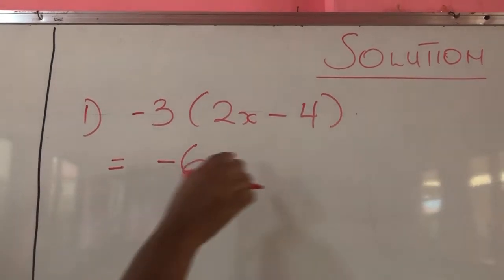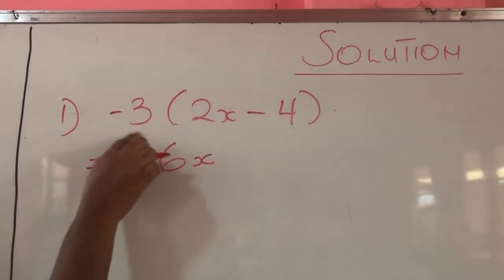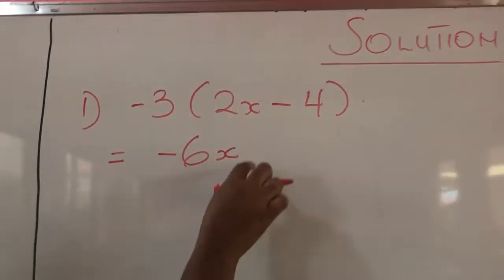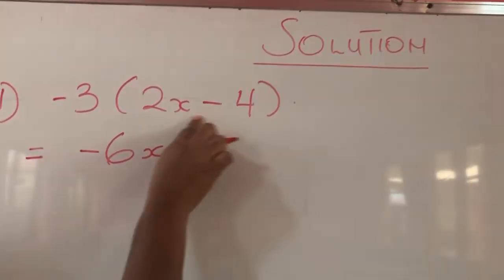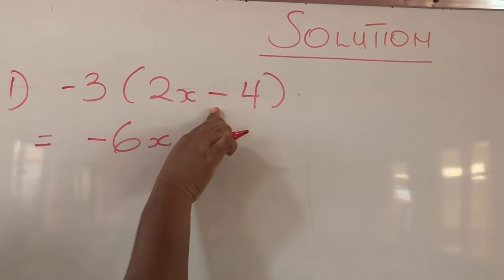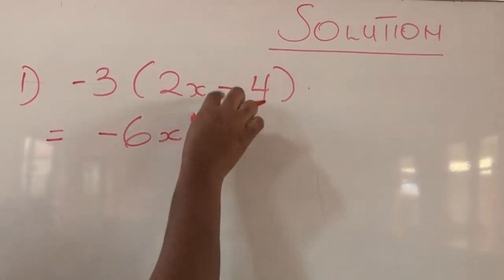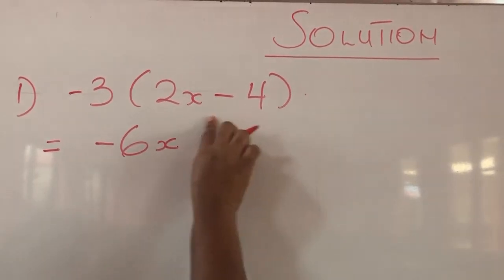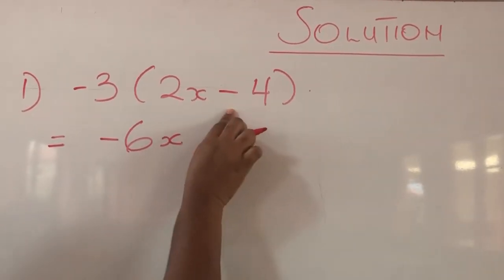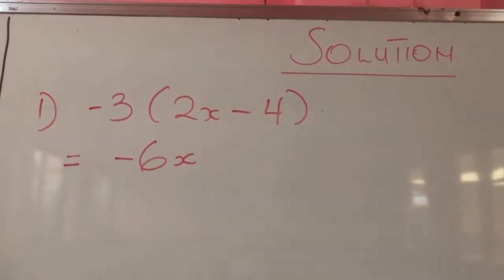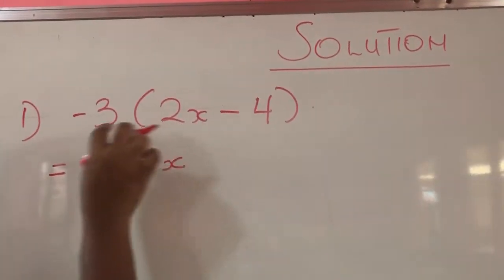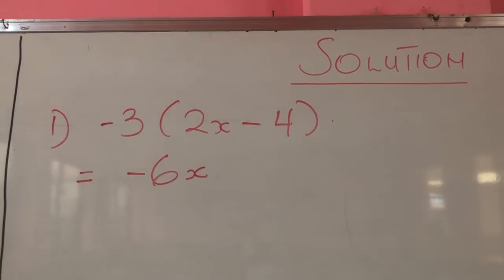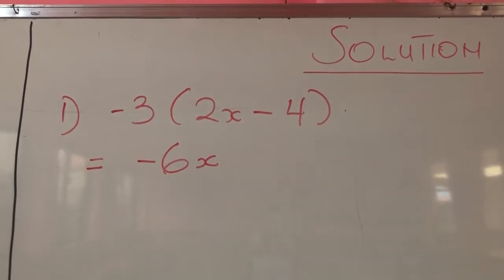We are finished dealing with the first member in the bracket. Now we are moving on to the second member in the bracket. The number outside the bracket will multiply the second number in the bracket, paying attention to the operation sign. Is it a positive number or is it a negative number? Now you can see that negative 3 is coming to multiply negative 4. And always remember, when 2 negative numbers are multiplying each other, your answer should always be a positive answer.